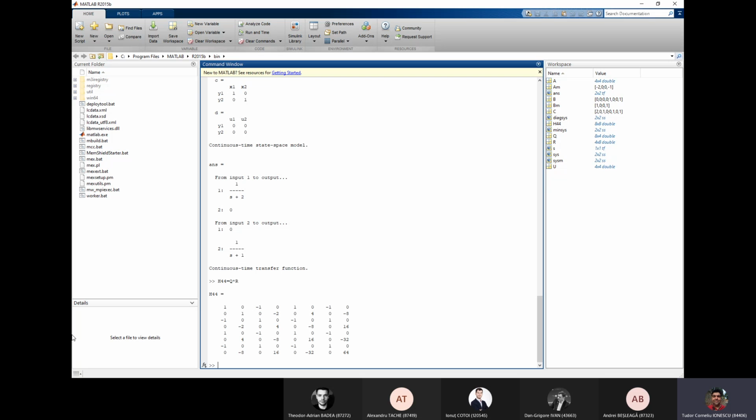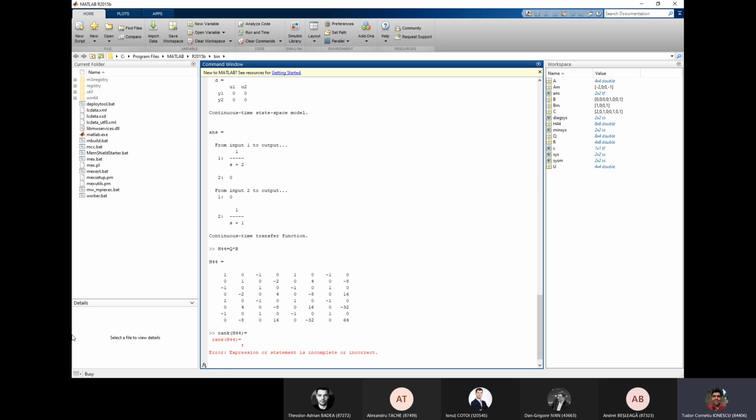Okay, hence let's compute the rank of H44. Oh, what's wrong? Oh, no equal.